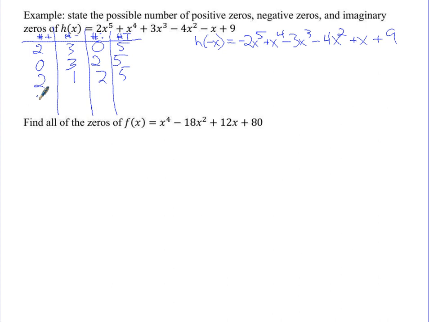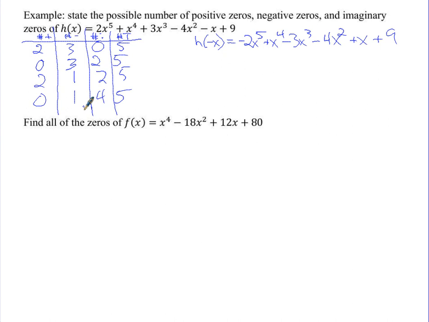Yes, I can send the positives to 0. I can have 1 negative still. How many imaginaries would I have here? 4 for a total of 5. Okay, that's as far as I can go with the positives. Can I decrease the negatives anymore? No. Once you're at 1, you can't go any farther.